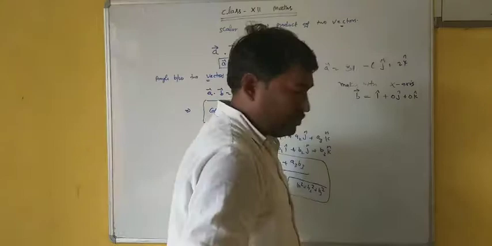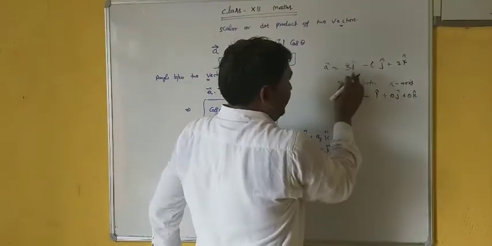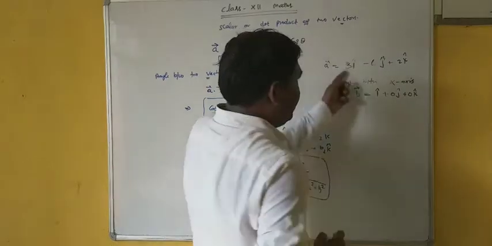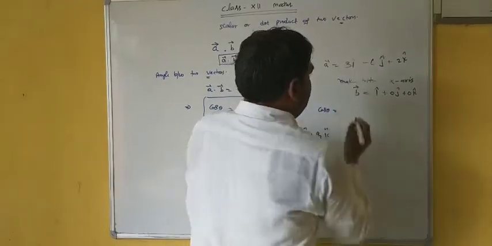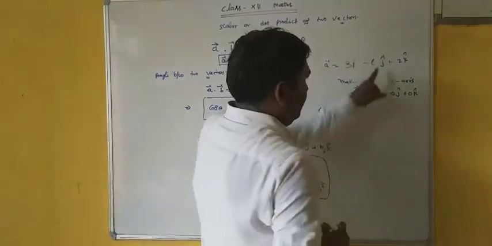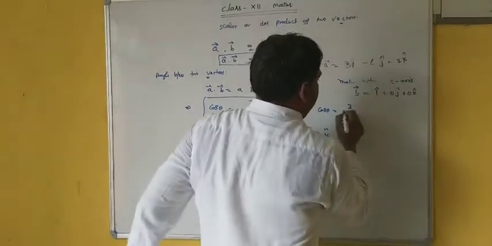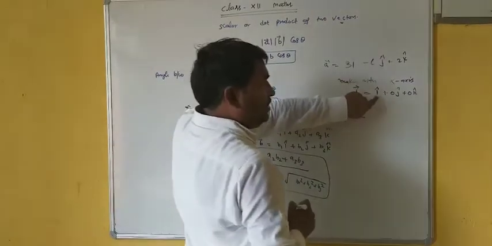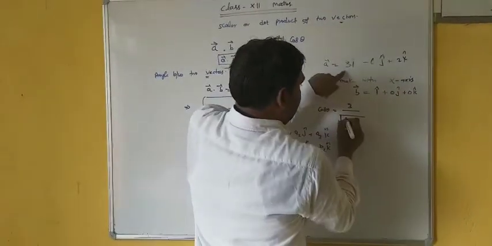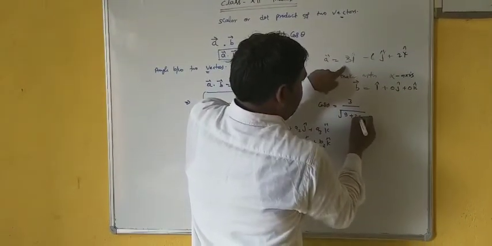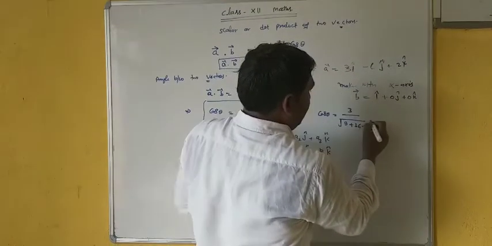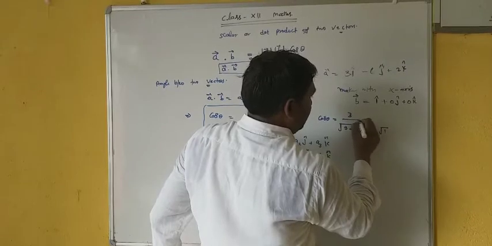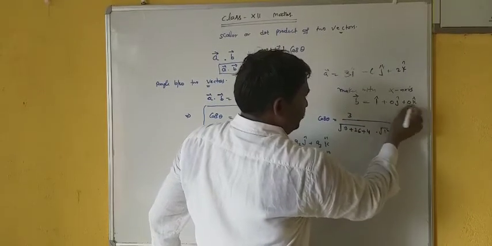Now the angle between these two vectors. So see, cos theta is equal to A dot B. So 3i dot i is 3. This will be 0, this will also be 0, divided by under root of modulus of this into modulus of this. The modulus of this is 9 plus 36 plus 4, into here under root 1 square plus 0 square plus 0 square.